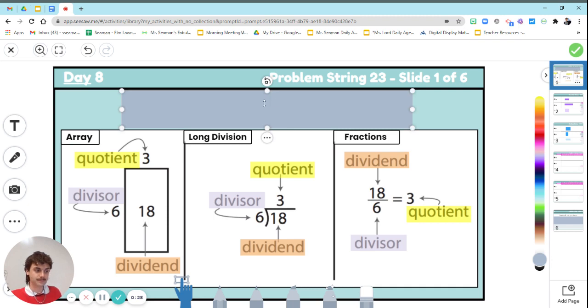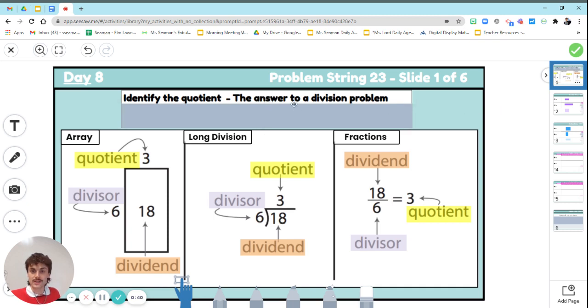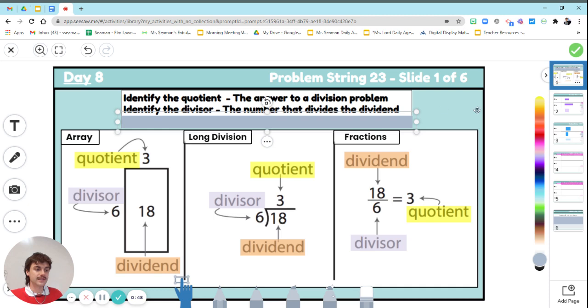Now remember, we have all these words highlighted, like quotient, dividend, and divisor. Do you remember the quotient is the answer to a division problem? So the quotient is what you get out of the division problem. The divisor is the number that divides the dividend.